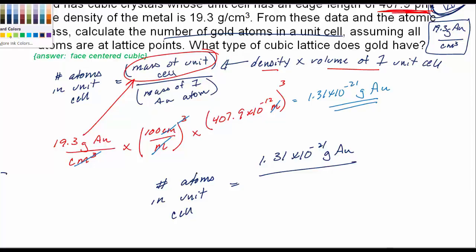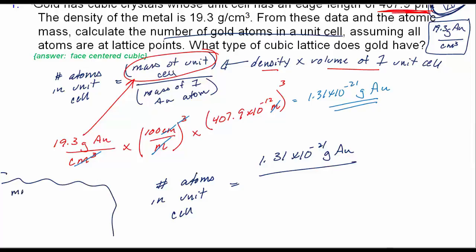Do a little aside here. The mass of one atom. This always works: take the molecular weight, divide it by Avogadro, and you'll always get the answer, because molecular weight is the mass of Avogadro's number of them. So divide by Avogadro and you get the mass of one of them.